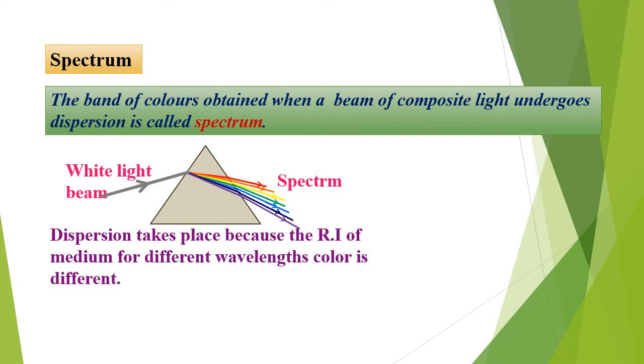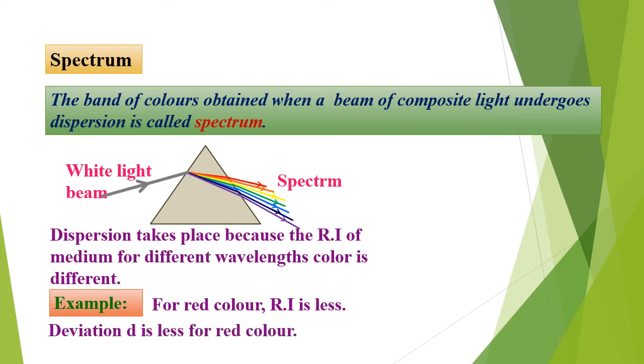For the same medium, for violet the refractive index is more because its wavelength is less, therefore the bending capacity is more. So wavelength is what gives the dispersion here. For example, for red color the refractive index is less and the deviation D is less.